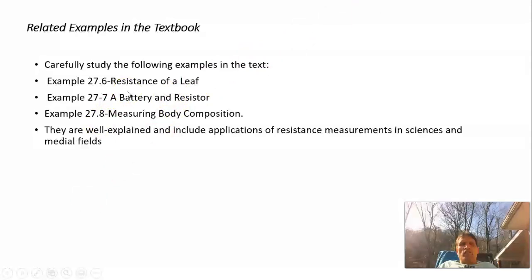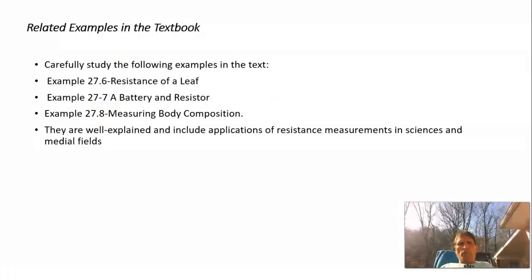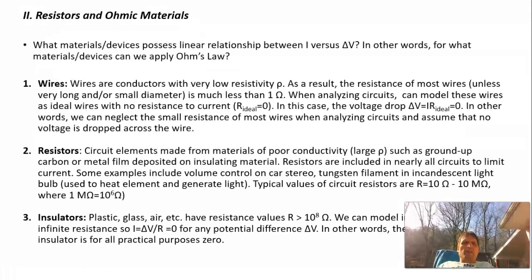So Ohm's law has applicability to a large area of the sciences. Since these are well explained, I'm going to leave these for you, and we are going to go over some different examples in a few minutes.